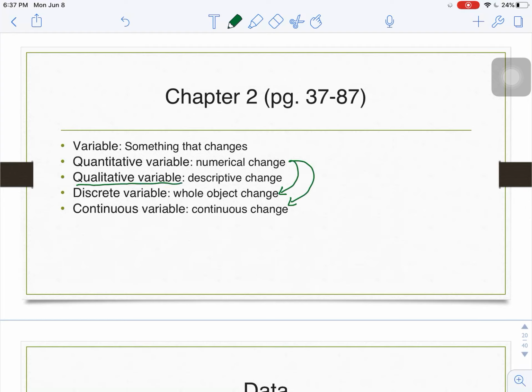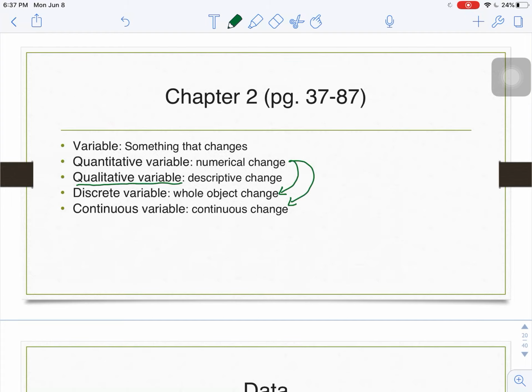The qualitative variable, this is actually going to be categorical. So it's descriptive. When we were talking about the bar graph with the real estate homes, we had categorical data. So we had Shore West, First Weber, Remax.